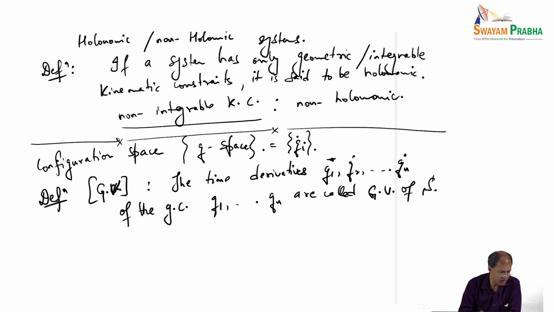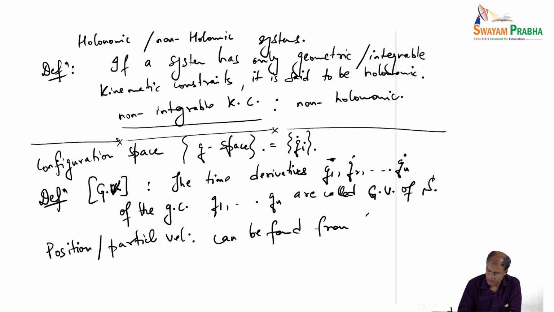For example, let us look at the case of position or the particle velocities. The position or the particle velocities can be found from Qi or Qi dot themselves.